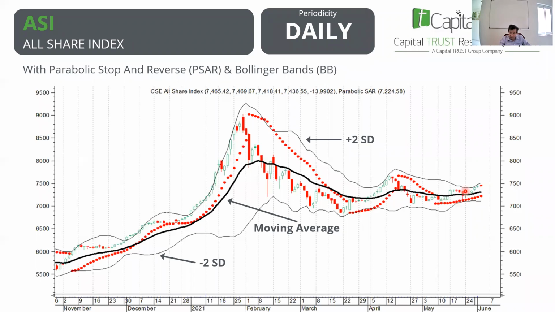But the 2 standard deviations line is very relevant because almost 95% of the time it will remain within the 2 standard deviations, either 2 standard deviations down like this or 2 standard deviations up.